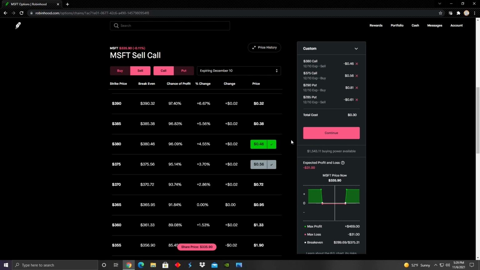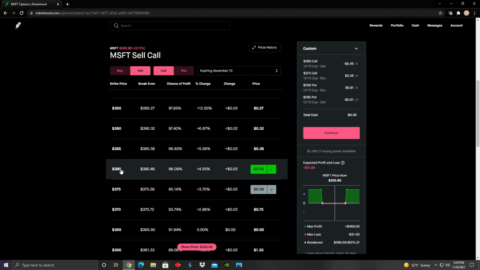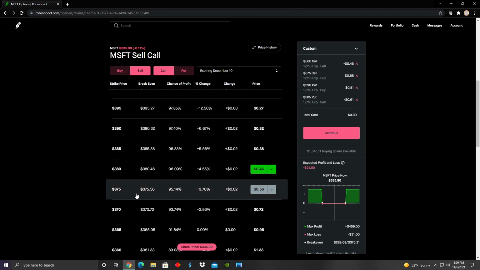In order for us to experience the max profit, there has to be 0 extrinsic value in our options contracts, and there can only be intrinsic value left. Because if there's only intrinsic value left, and let's say the share price is above $380 per share, that would mean that intrinsically we have the option to buy Microsoft at $375 per share, since we have the right but not the obligation to buy the stock at the strike price on expiration date.